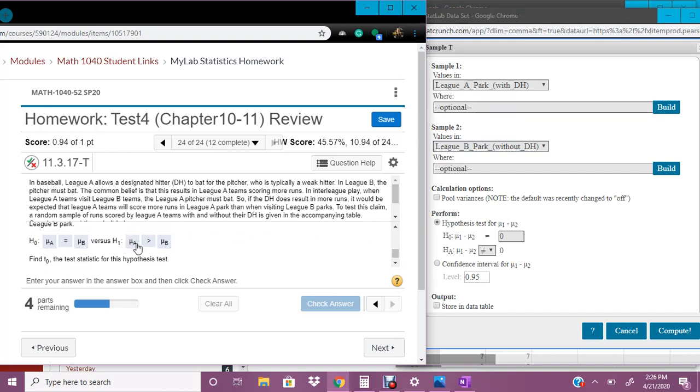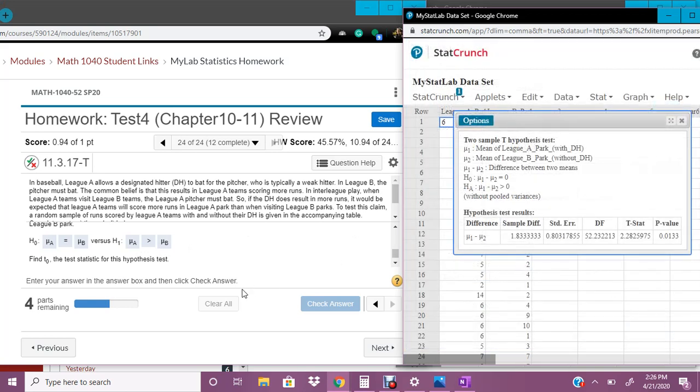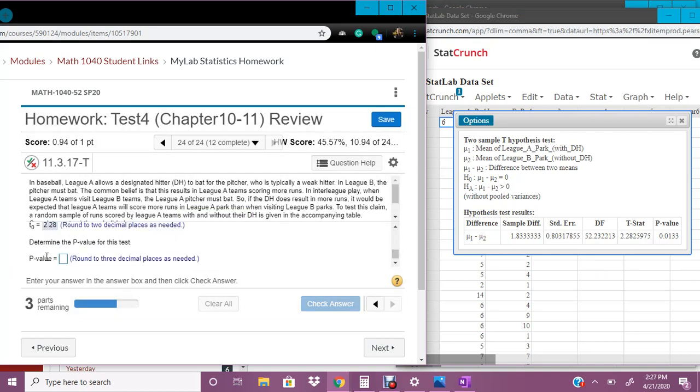And if the mean of A is greater than the mean of B, then when you subtract mean of A minus mean of B, it'll be greater than 0. Click Compute. Our test statistic is the same thing as the T-stat, and our p-value is right here.